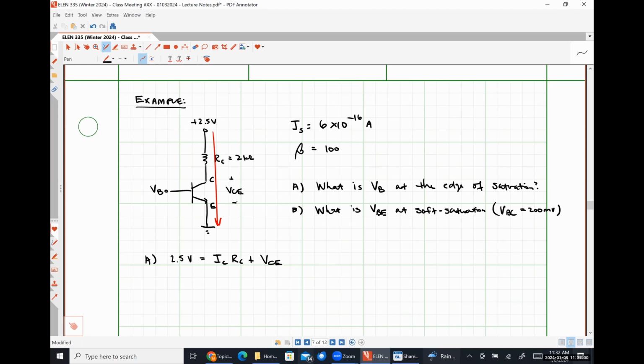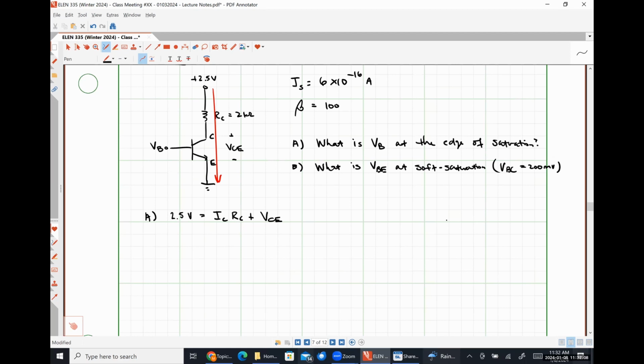At the edge of saturation, we know that VCE and VBE are literally the same thing. So I could say IC is equal to IS times EXP of VBE over VT. Multiply that by RC and then plus VBE like so. And I've done nothing here except put our equation in terms of things that I know and things that I'm trying to solve for, right?